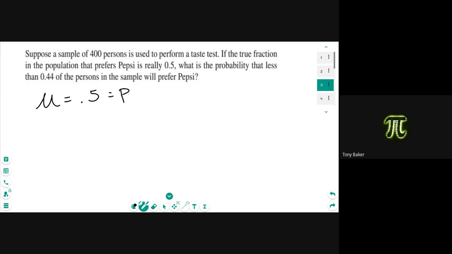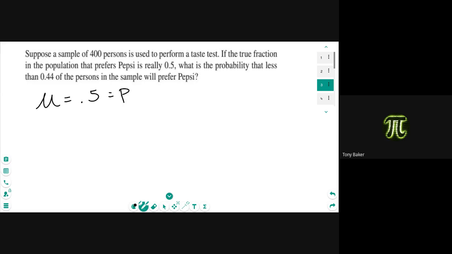So they are taking a sample of 400 people, and they want to know the probability that less than 0.44 of the people sampled will prefer Pepsi. So if it's really 0.5, what is the probability that less than 44% would actually prefer Pepsi?